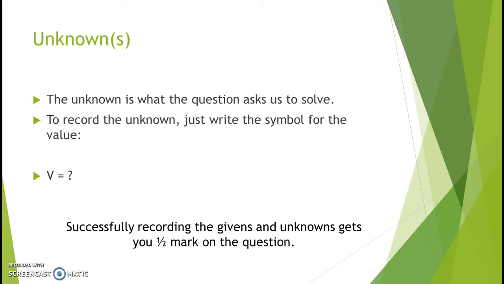I should note that in TEJ, successfully recording the givens and the unknowns gets you a half mark on the question, even if you have no idea what you are doing. So you'll receive a half a mark every time you successfully identify the givens and the unknowns. Because it may not seem like it, but you're actually interpreting the question and you deserve to get some marks for that.